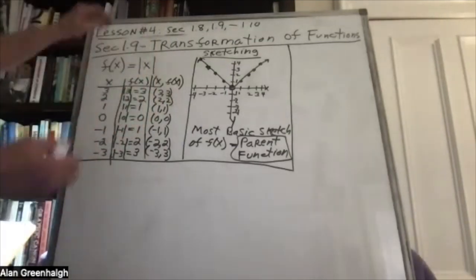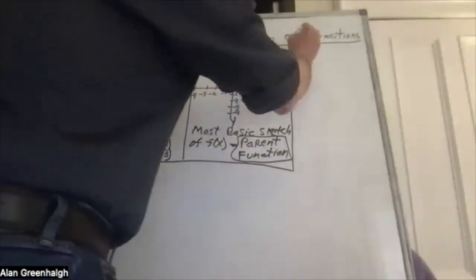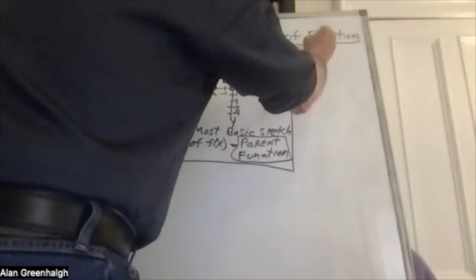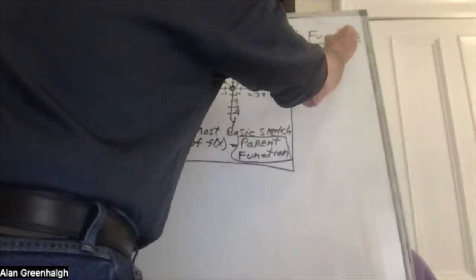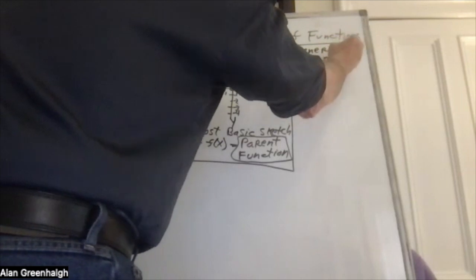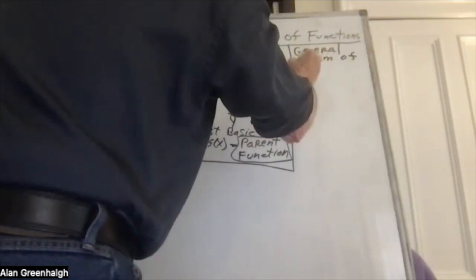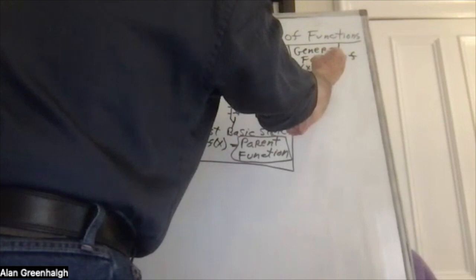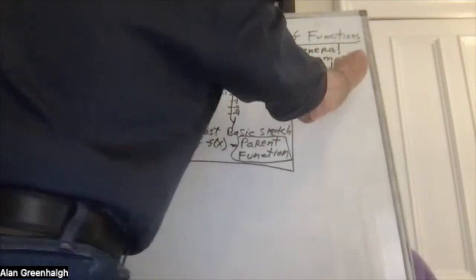But first, this is the general form of the function f of x equals the absolute value of x.